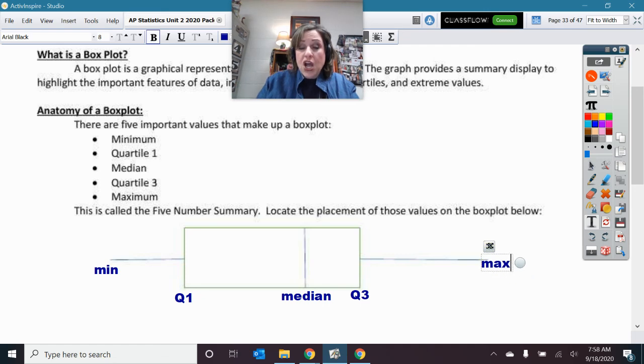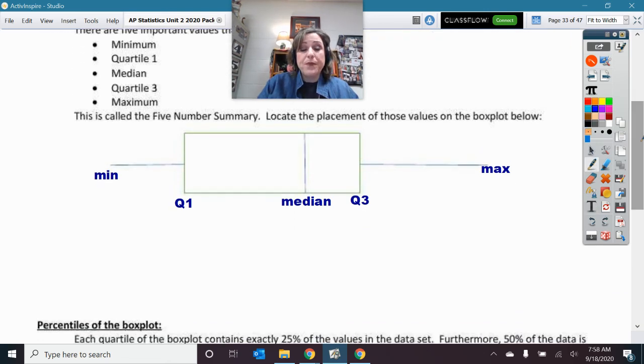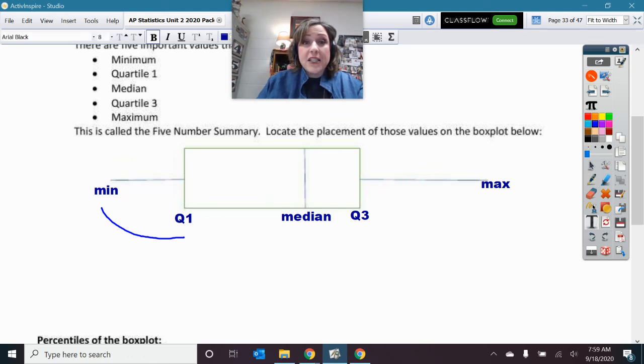All right. So with that being said, let's talk about some of the different qualities of what's happening here in this box plot. Now, first of all, because these are quartiles, what that is indicating is that in each one of these sections, from the min to Q1, that is representing 25% of the data.